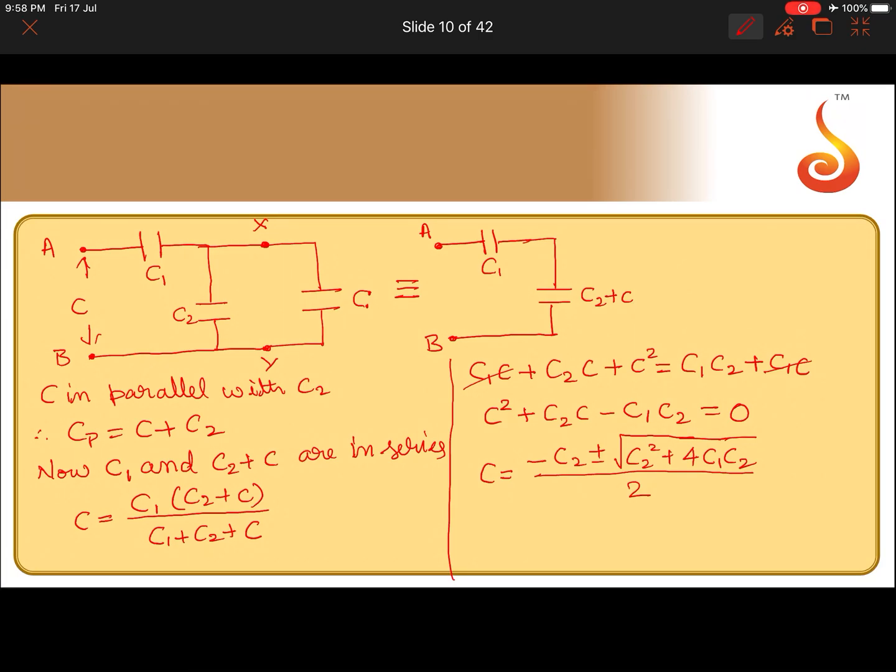Inside the square root you can take C2 square common, if you take it outside it will become C2.